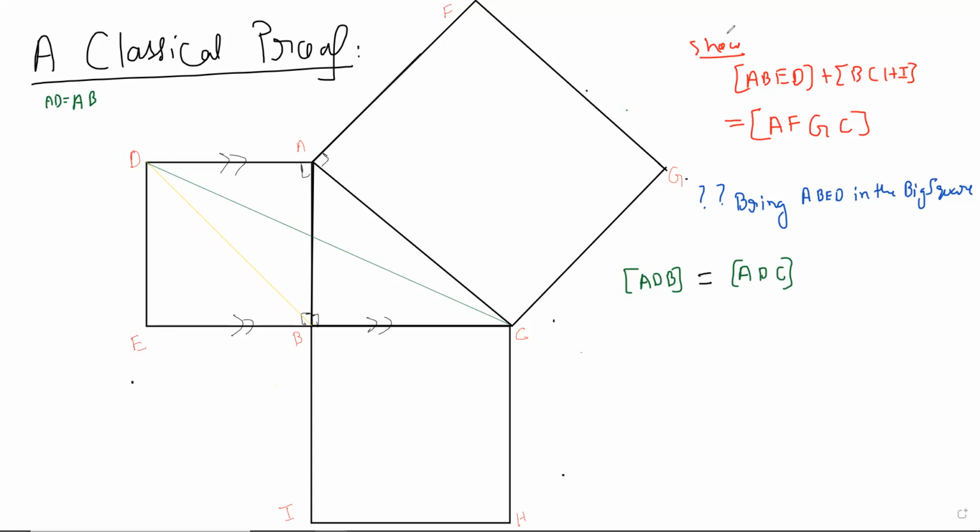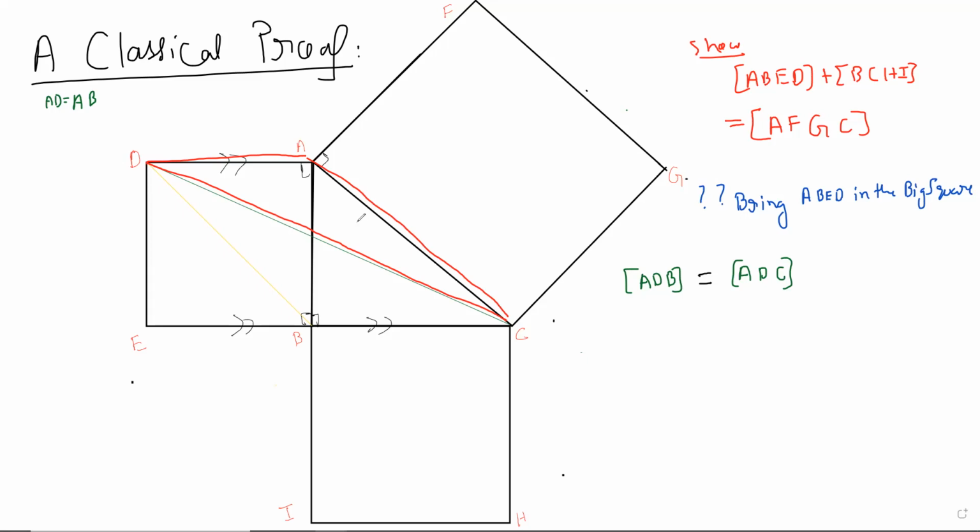So now our focus is on ADC, and we try to relate ADC to something in the big square. We want to go further towards it. So think about this. This is a subtle point. Maybe it's a new idea.